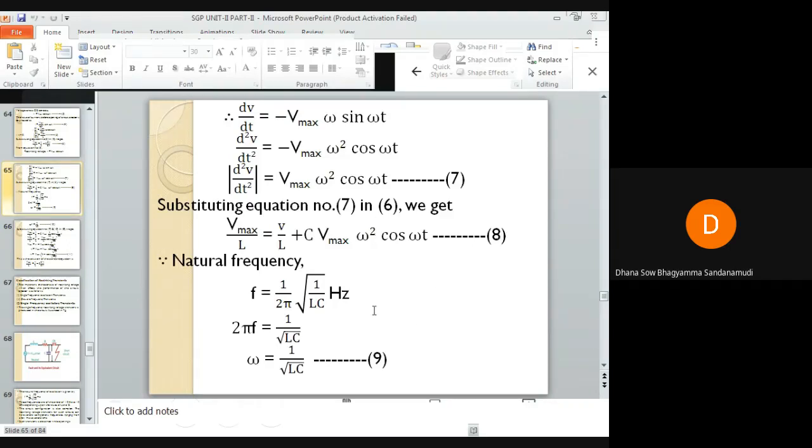So you have omega here and omega square there. Did you complete this slide?